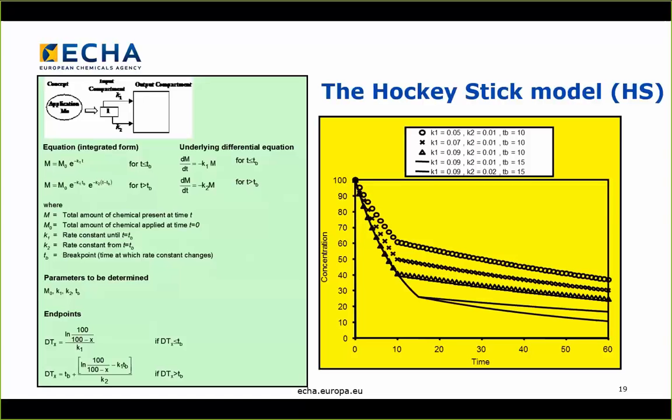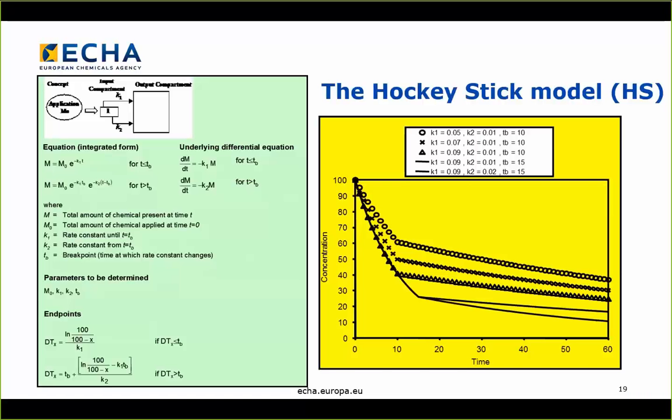It's a little bit more difficult to think of the hockey stick model describing a real physical process as a chemical degrades. Maybe for that lag phase where you've got no degradation up to the breakpoint and then degradation. Sometimes it can be quite useful in fitting whole system water sediment data.